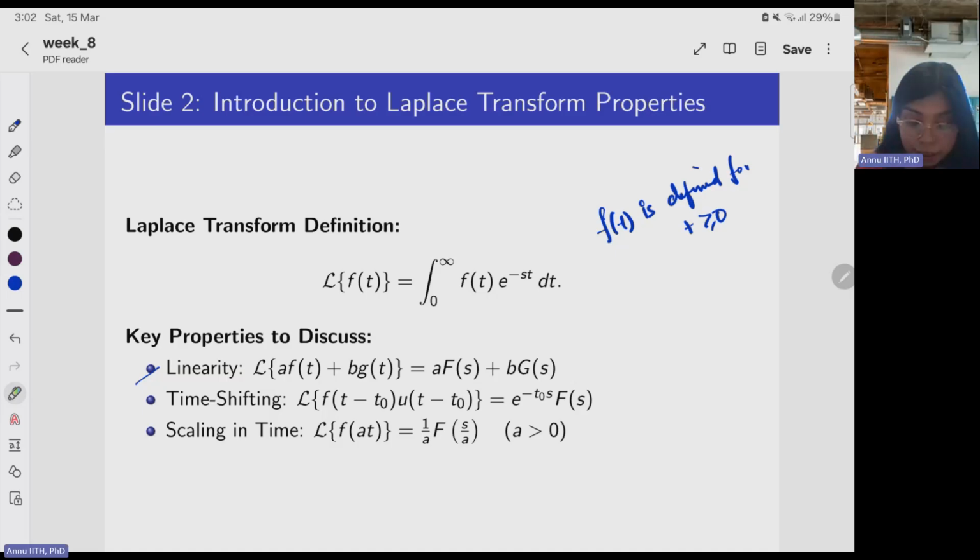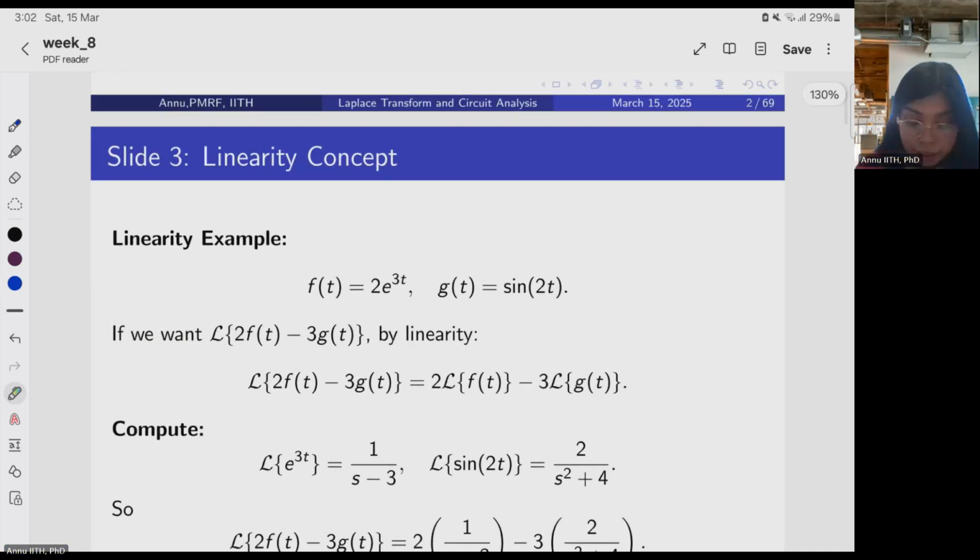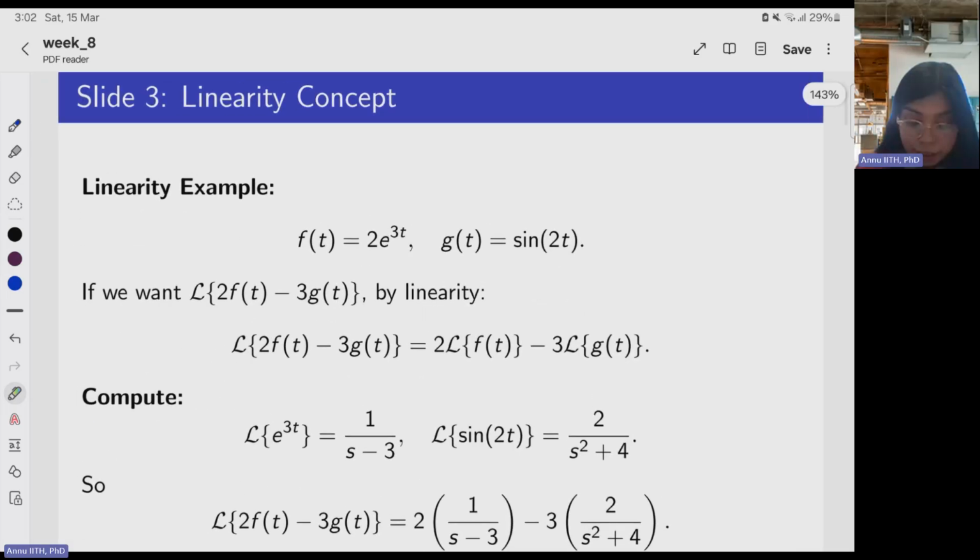So it is always advisable to check it with the property.